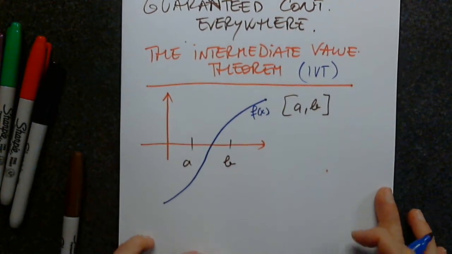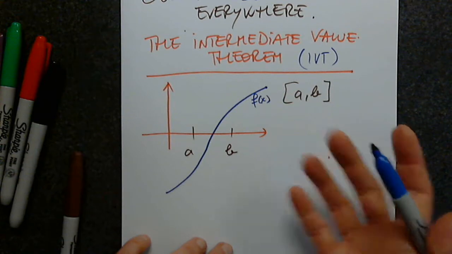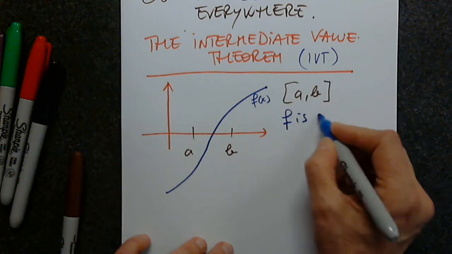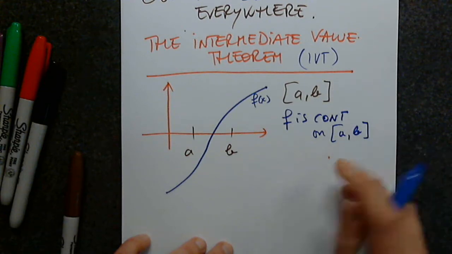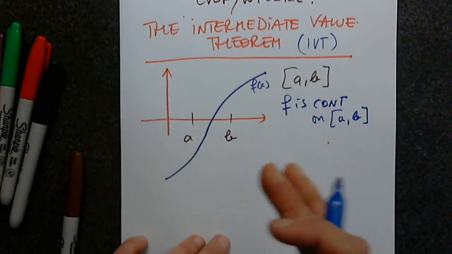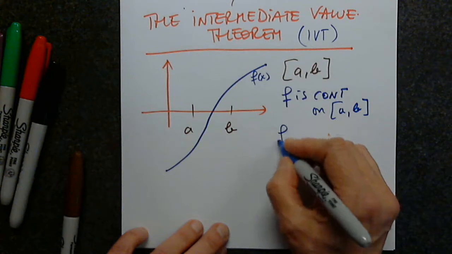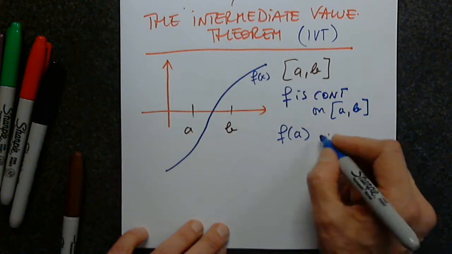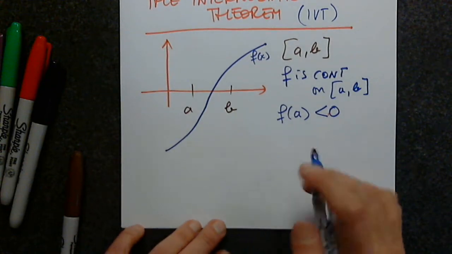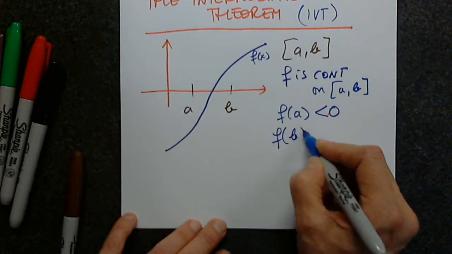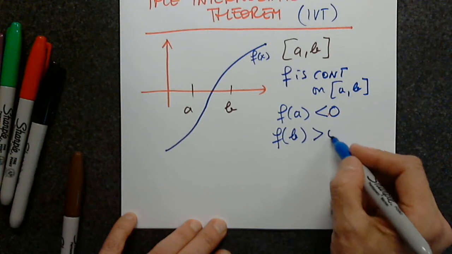Okay, so looking at the graph, would you say that f is continuous on a comma b? Yes. Looking at the graph, would you agree that f of a appears to be, and from the graph is, a number less than 0? Would you agree that f of b, from my graph, is a number greater than 0?